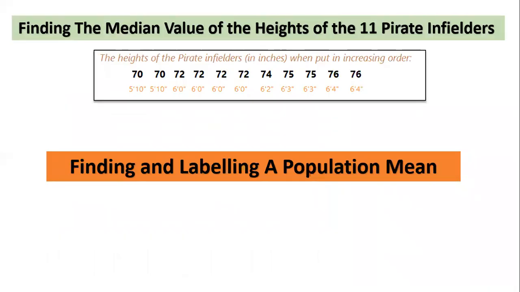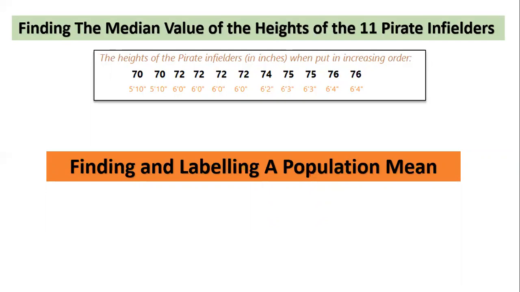Here you can see that I've listed out the heights of the 11 pirate infielders in increasing order. The shortest pirate infielders were 5 feet 10 or 70 inches, up to the very tallest pirate infielders who were 6 feet 4 or 76 inches.